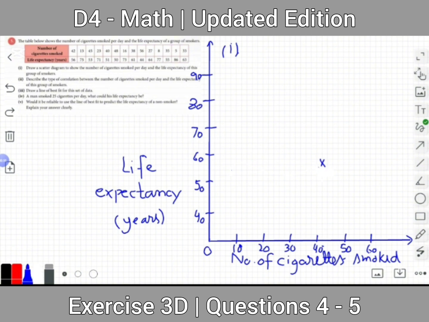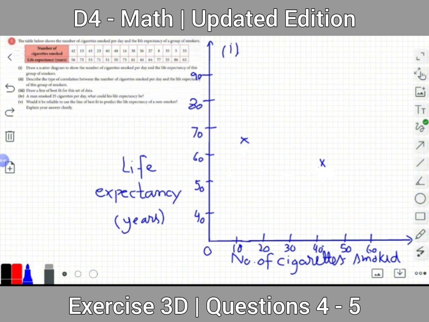Now for the next pair we have 13 and 75. Here we have 13 somewhere here, and here we have 62, 60, and here we have 65. So now we will put x here. Now for the next ordered pair we have 45 and 53.